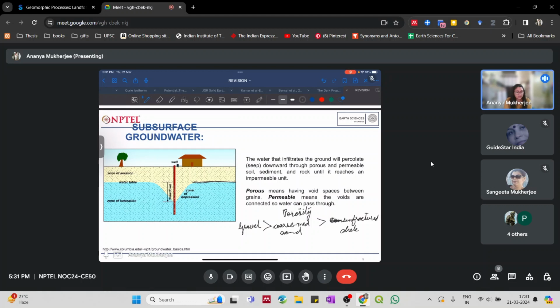Okay, so shale is a sedimentary rock, and it is impermeable in nature. If no water can go inside or through the shale, there is no way that shale itself can hold water, which can be used as groundwater for us.